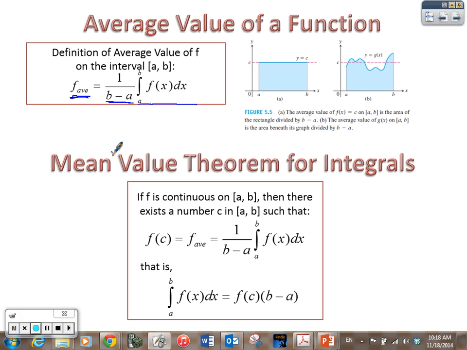What this is telling us is the average y value is going to be equal to at least one y value at whatever c is, the x value, at least one time. Okay, and I know the words don't say that, but that's what it's saying. It's saying my f average, which is this formula right here, is going to equal my actual function value at some x value.